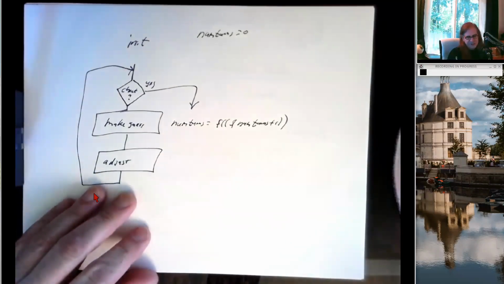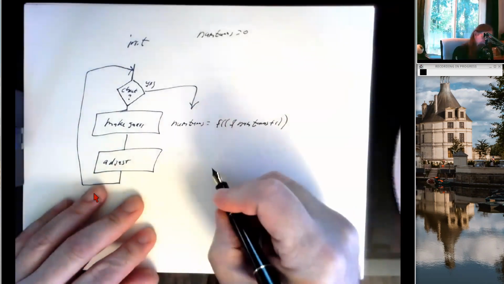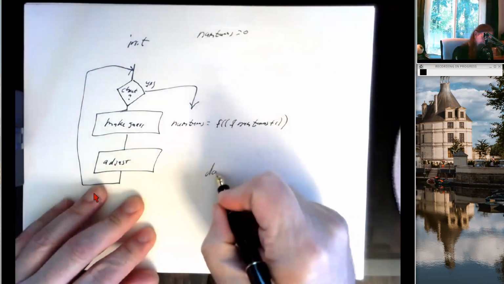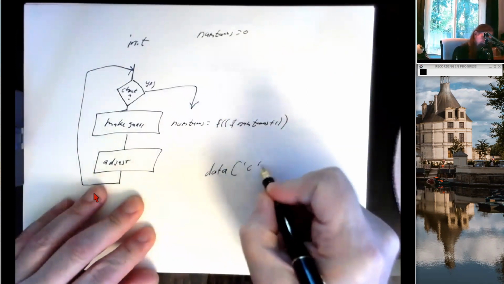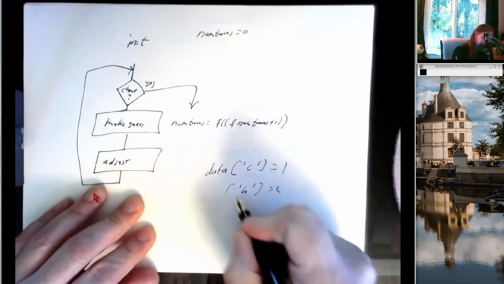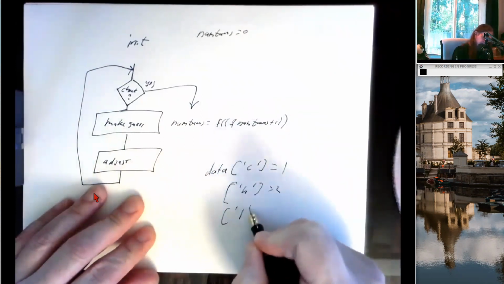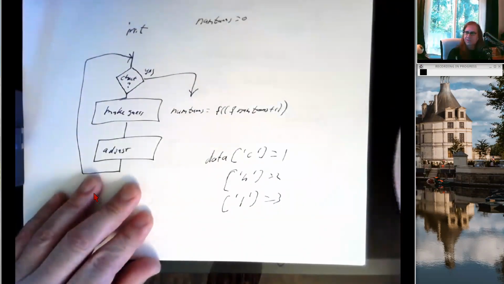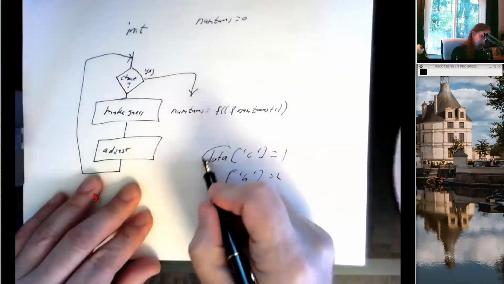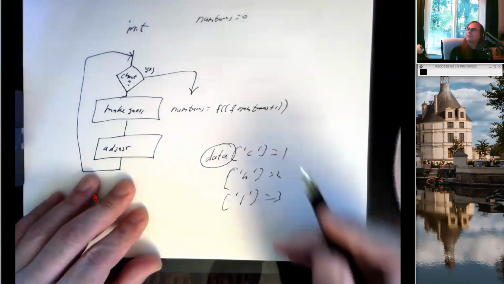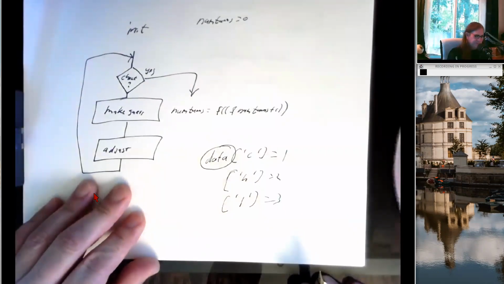So you could initialize an associative array with something like this: correct is 1, high is 2, low is 3. And then when the person types in a response, you could look up the value in this array keyed off of that response and get a 1, 2, or 3 and do something with that.